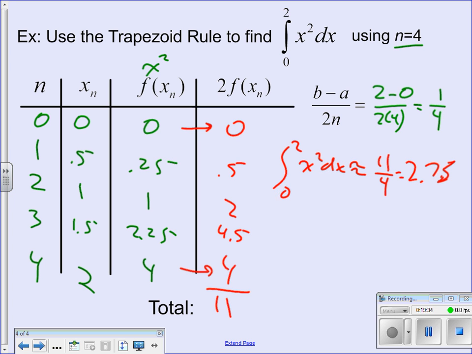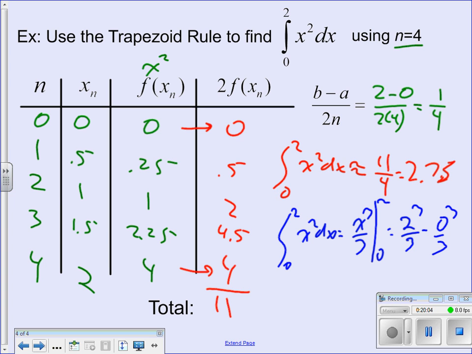Now, for snorts and giggles, I know you hate it. The integral from 0 to 2 of x squared dx is, what's the antiderivative of x squared? So I take 2 cubed over 3 minus 0 cubed over 3, which is 0. 2 cubed is 8.